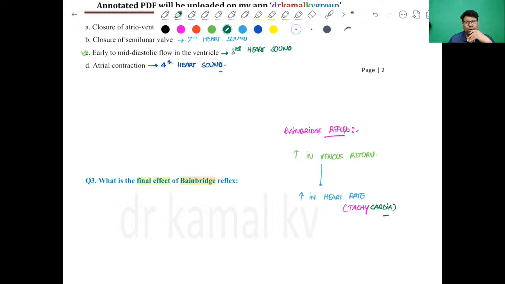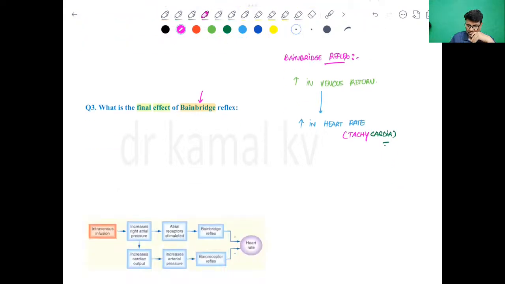So whatever the amount of blood is coming within the right atrium, it results in increase in heart rate. So increased venous return, increase in heart rate, that is tachycardia. So this is the effect of Bainbridge reflex.